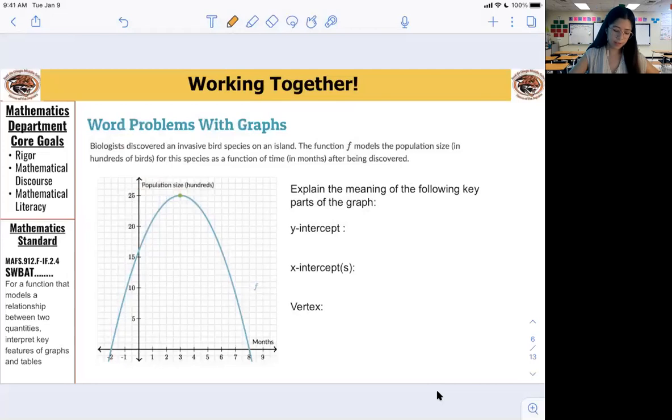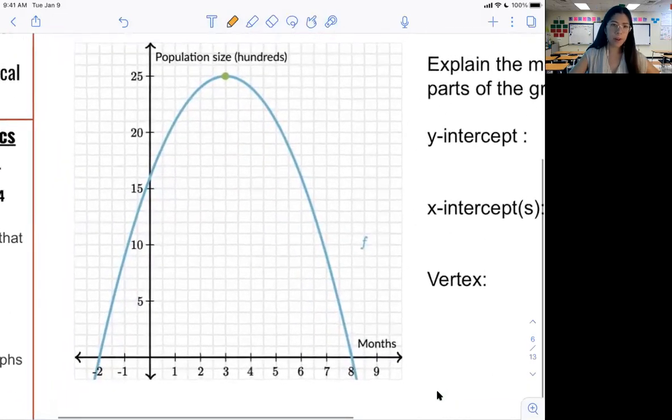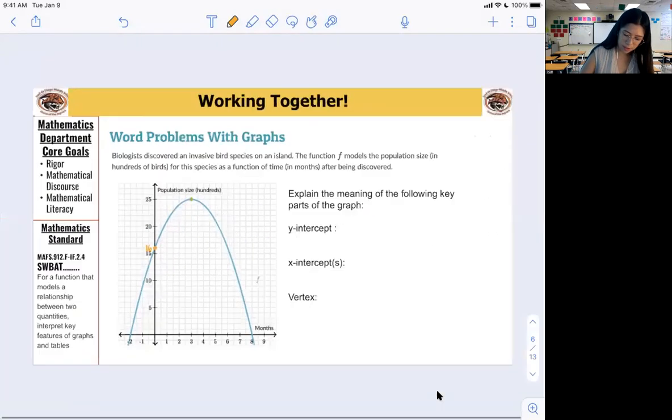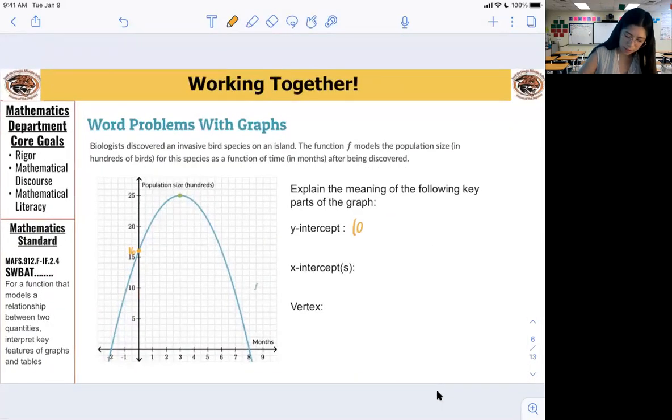Yeah, okay. Y-intercept, where is it? Sort of at 16. Not even sort of, it's right on the 16. Oh. Yeah. I thought 16 would be like in the middle or something. Nope, it's going right through the 16. So the y-intercept is 0, 16, and we'll talk about what it means in a moment.